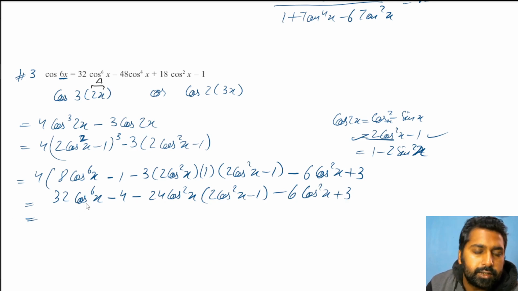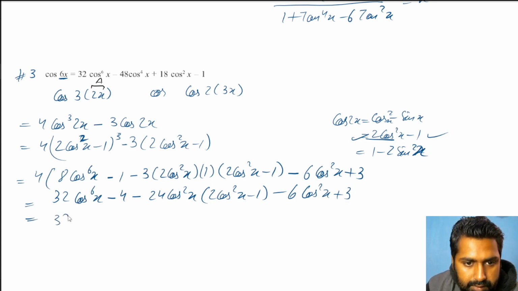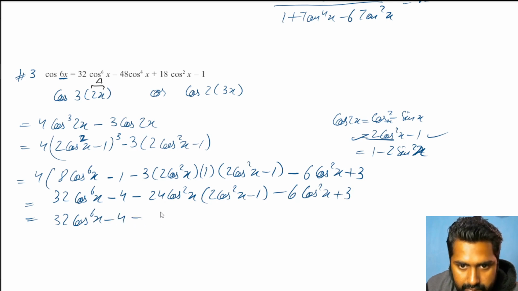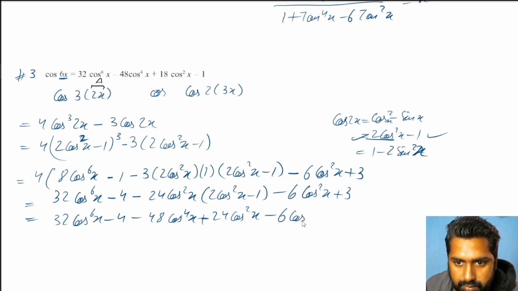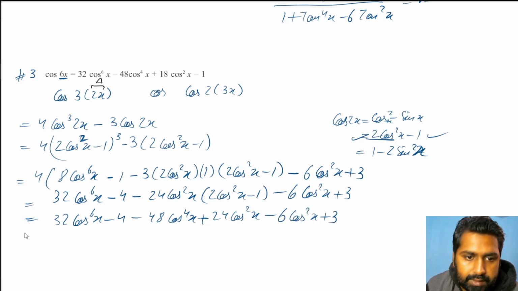So 32 is generated first of all in the question, that is there, 32 cos raised to power 6x minus 4 minus, let's multiply, 24 into 2 is 48 cos raised to power 4x minus 24 minus 1 plus 24 cos square x minus 6 cos square x plus 3. Now let's deal with the numbers.